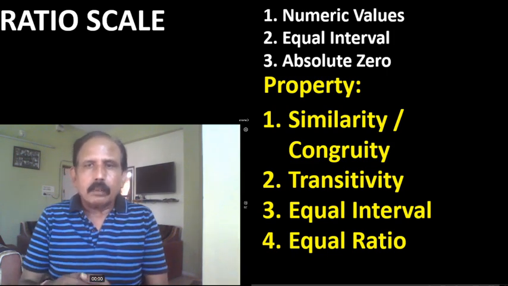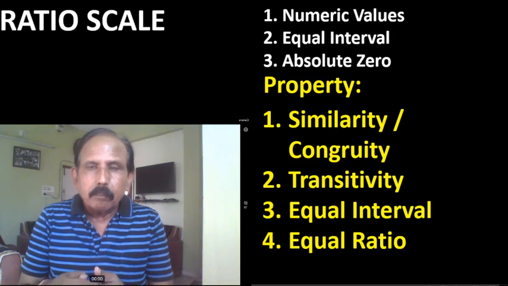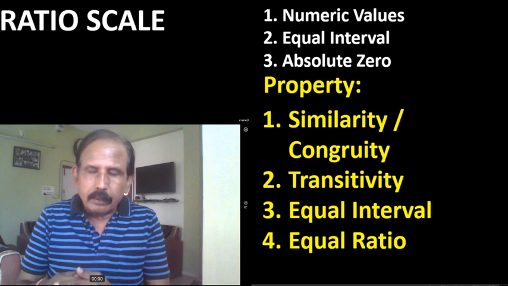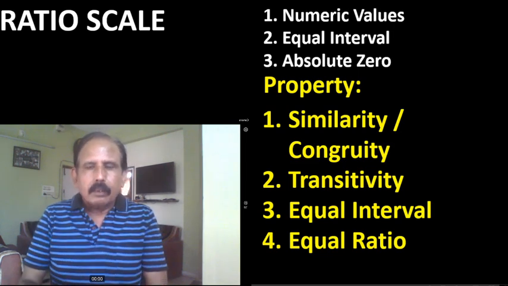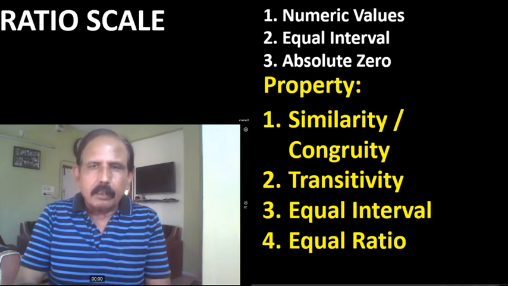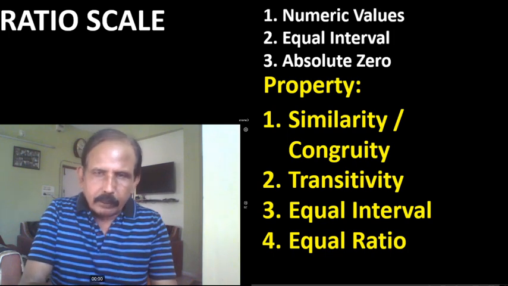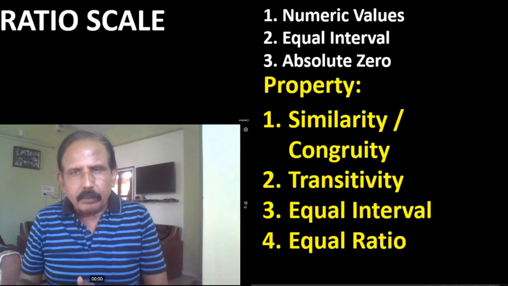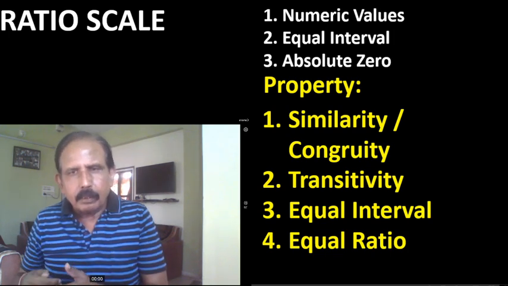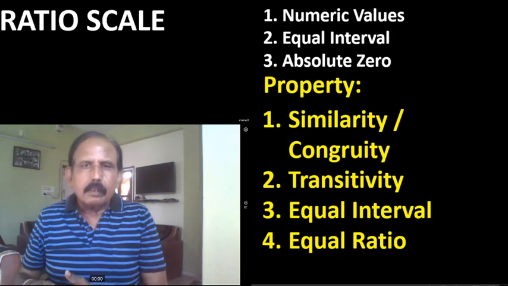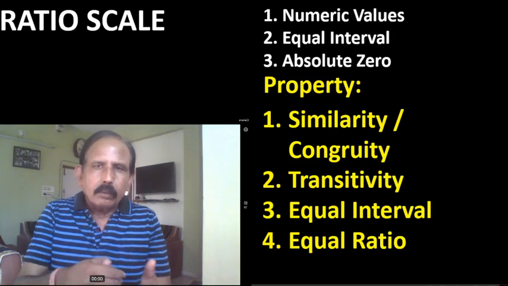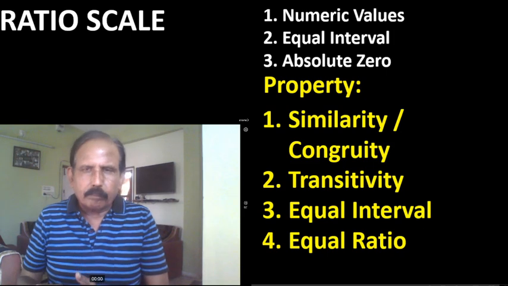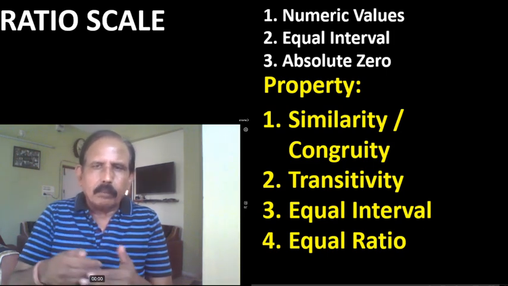And such type of scale is found only in basic science, physics like science. Let us take an example. If I am taking 5 kg of wheat and putting it in one vessel, and in another place I am taking 10 kg of wheat and putting it in another vessel, then the ratio of the weight 5 and 10 is 1 is to 2. Ratio of numbers is 1 is to 2.